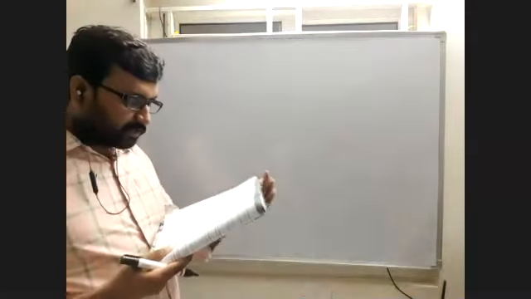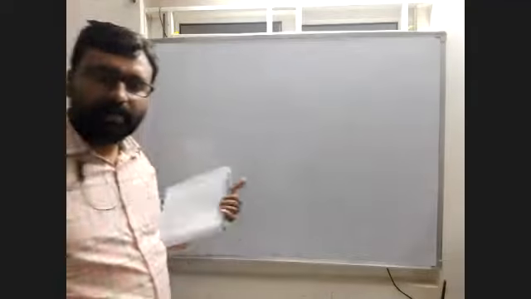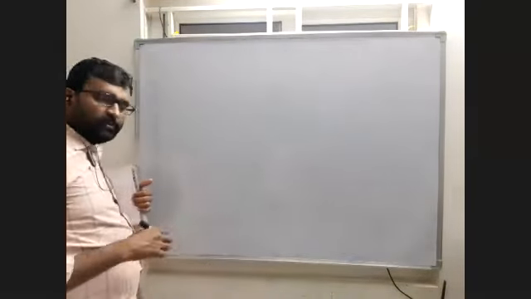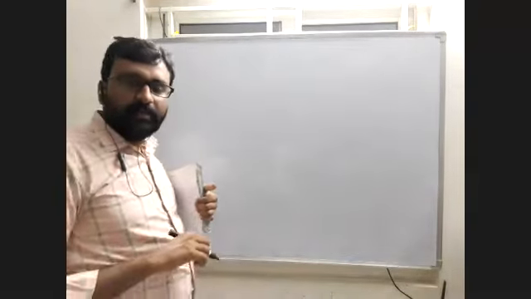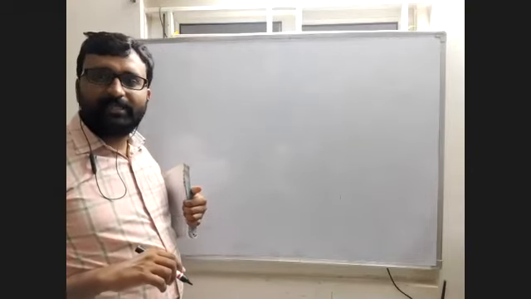Next, the equation of normal to the parabola with slope m. There also, with slope m we have the tangent y equal to mx plus c, where c means a by m.